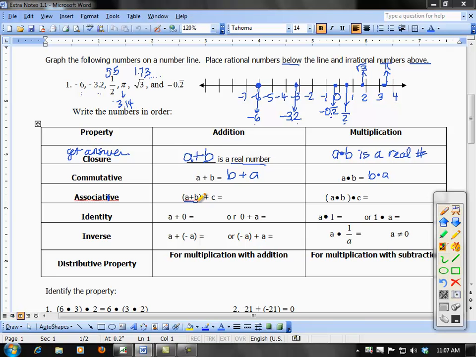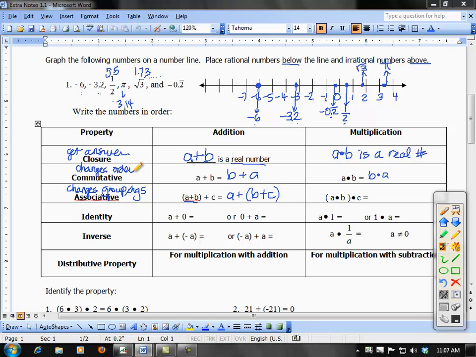But I could decide to change what I group them as, and I could say, well, what if I took B plus C first and added those, and then whatever my answer is, I add A to it. So this basically changes the order of grouping. So it changes the groupings, and groupings basically means parentheses, where commutative changes the order.